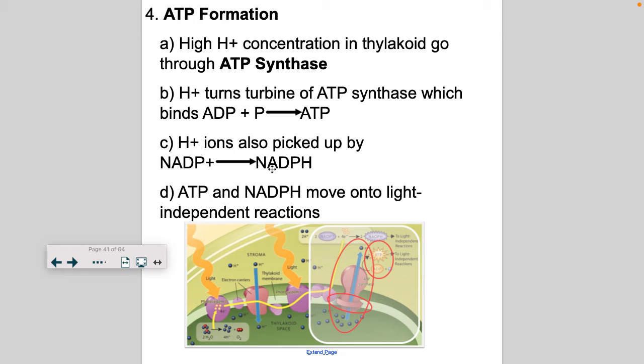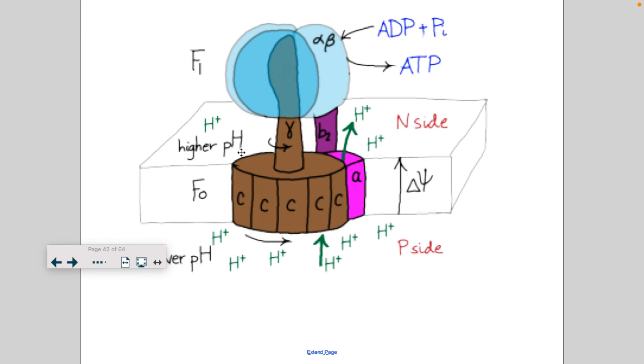And now we have really made NADPH, and that's where that H comes into play, because it's got hydrogen with those electrons that are picked up after photosystem 1. And then ATP plus NADPH will move on to the light-independent reactions. So here's a picture of the ATP synthase, and it spins, and hydrogen flows on through, and it literally takes ADP plus P and turns it into ATP.